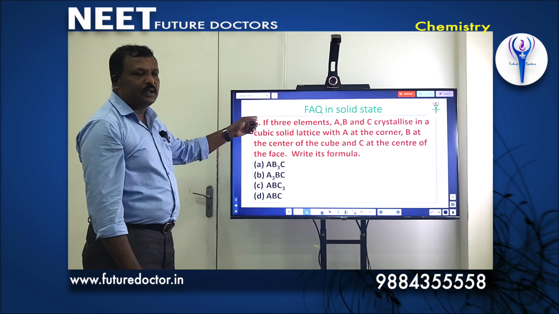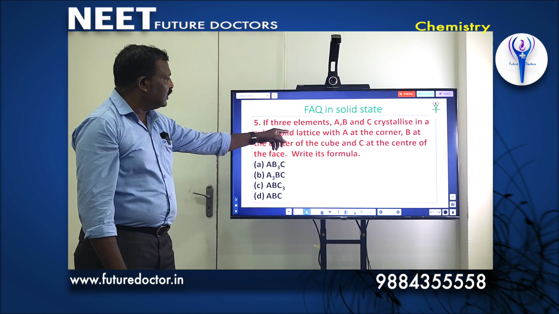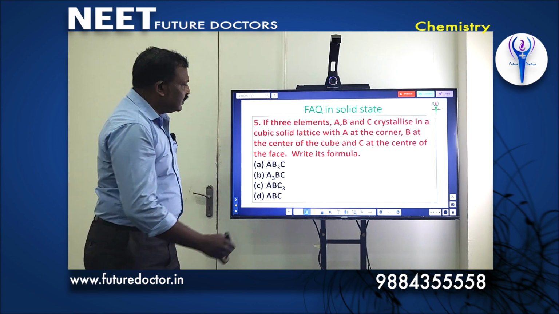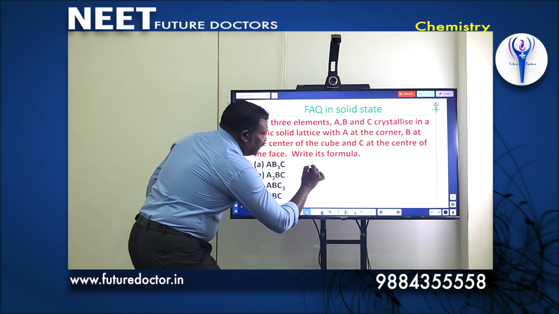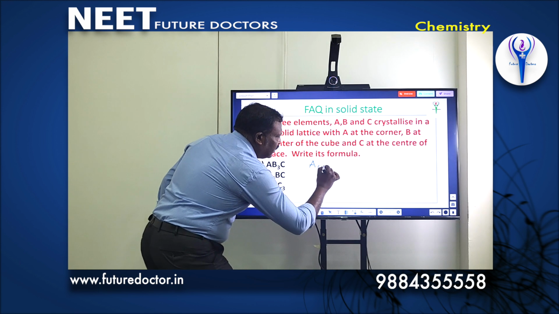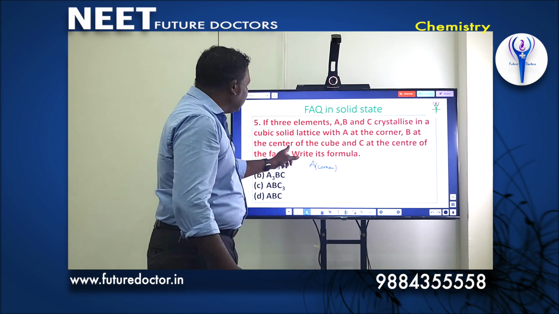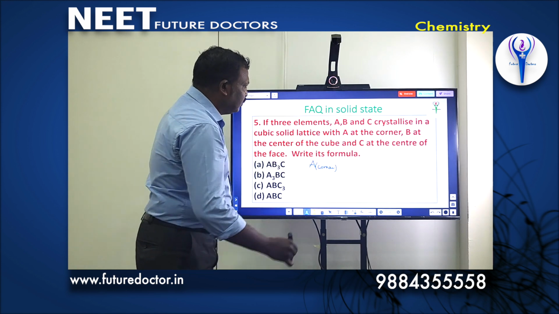We have 3 elements A, B, C in a cubic solid lattice. A occupies the corner. Then B occupies the center of the cube.